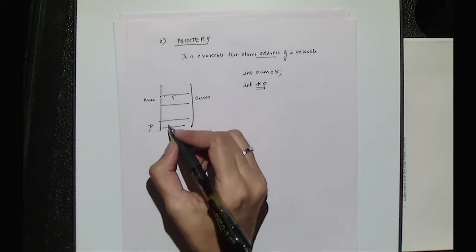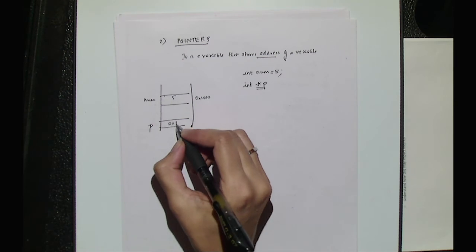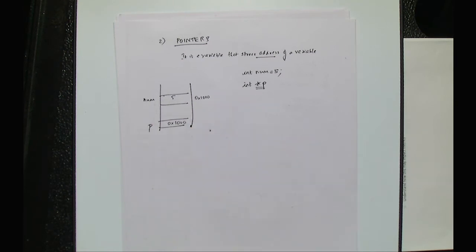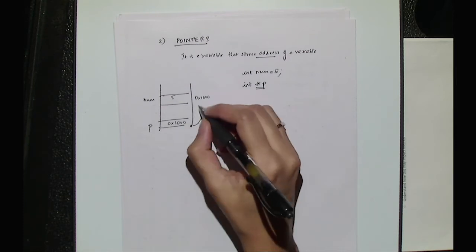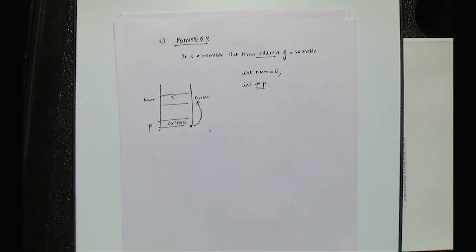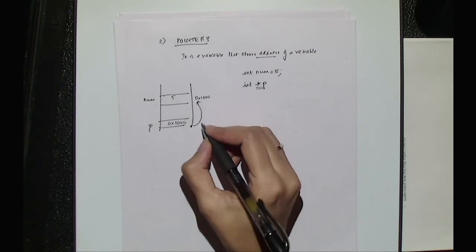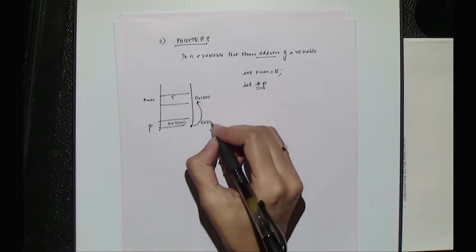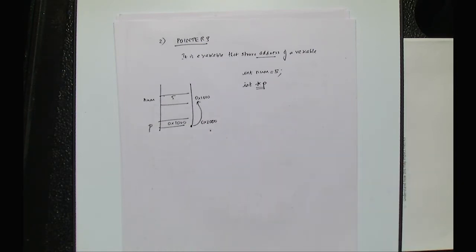So I'll say P holds the address of num. What this essentially means is that P is pointing to num, right? It holds the address of num, so it's pointing to num. That's how it gets the name pointer. Let's say the address of P is somewhere around 2000.